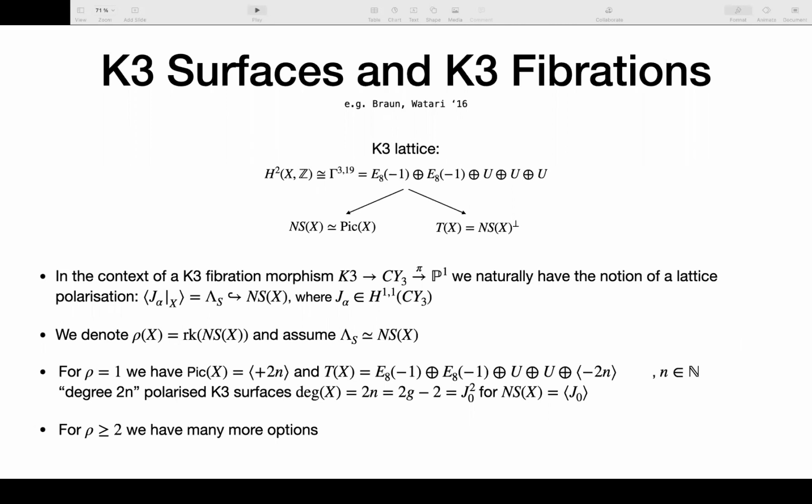Okay, so we need to know something about K3 fibrations. The second cohomology lattice of K3 is this very nice one, which is 2 copies of E8 plus 3 copies of a hyperbolic lattice in 2 dimensions. And there are 2 characteristic lattices for K3 actually. One is the Néron-Severi lattice, which is isomorphic to the Picard group, and the orthogonal complement, which is the transcendental lattice.